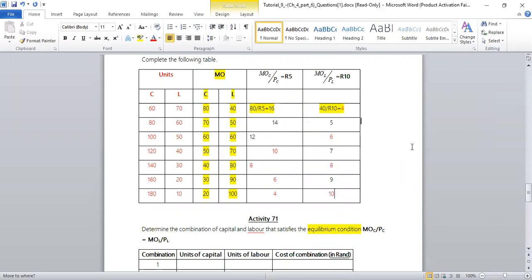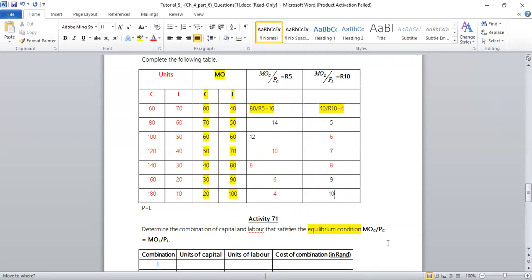Okay, let me give you a little summary. So here we are on activity 71. We are determining the combination of capital and labor that satisfy the equilibrium condition. What is equilibrium? I would skip the information because I explained it already. So when you are talking about the equilibrium, two things have to be equal. So in this case, we are concerned that our capital ratio must be equal to the labor ratio.